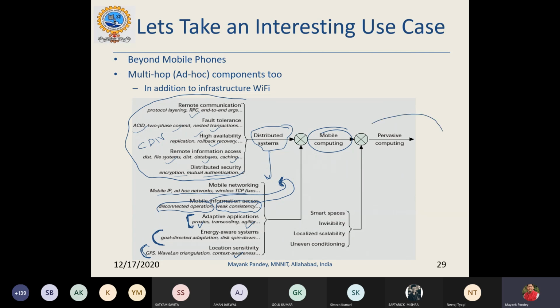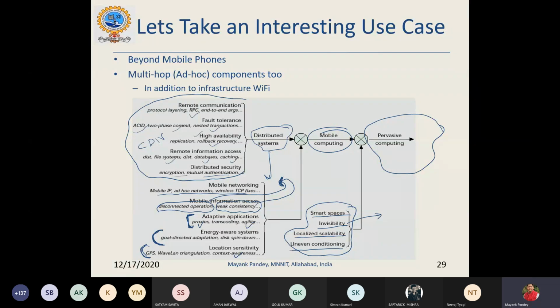And we are in this era, pervasive computing, where there are smart spaces, invisibility, localized scalability, uneven conditioning. We'll be coming to this in a short while from now. Pervasive computing means computing is getting done on a variety of platforms and it is invisible from you.